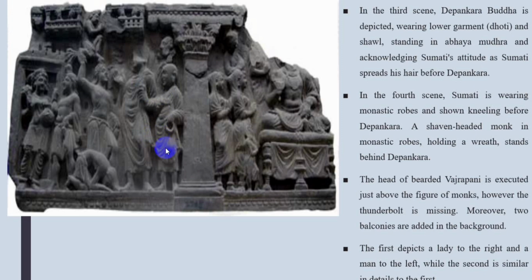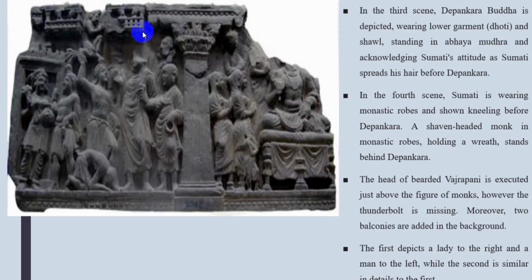The head of the bearded Vajrapani is executed just above the figure of the monk. So here you can see the bearded figure of Vajrapani. But here the thunderbolt, which is the common attribute of Vajrapani, is missing and not clearly shown.